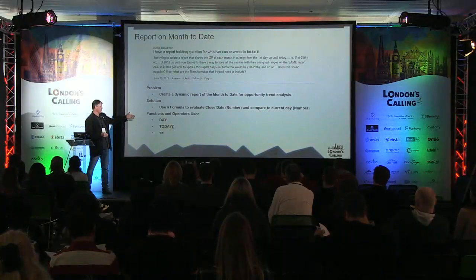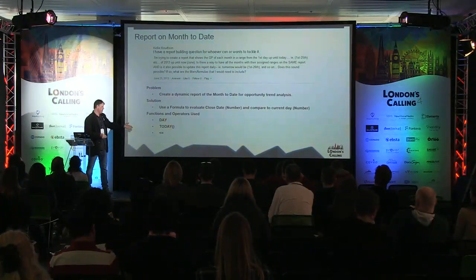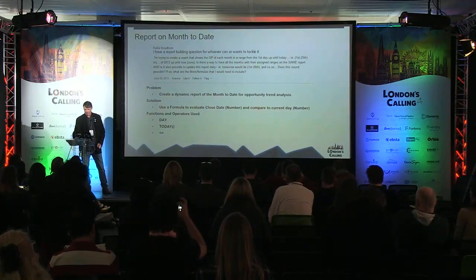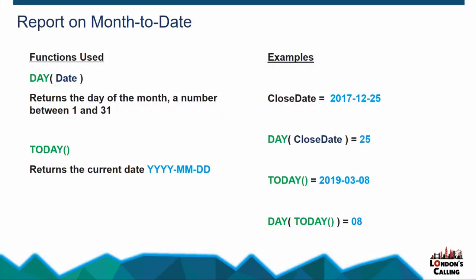So the solution I came up with, I used a couple of functions called DAY and TODAY, and I used a less than or equal to operator. If you've never used DAY or TODAY, what the DAY function does is it evaluates either a date field or a date value, and it extracts the number of the day. So if an opportunity had a close date of December 25th, 2017, and you wrap a DAY function around the close date field, it's going to return the number 25.